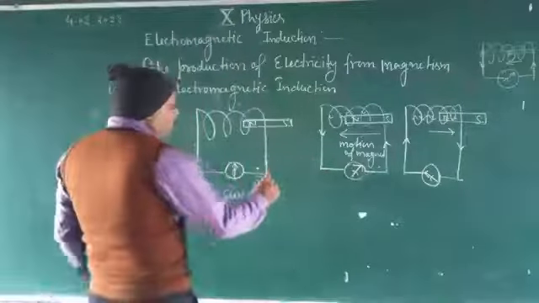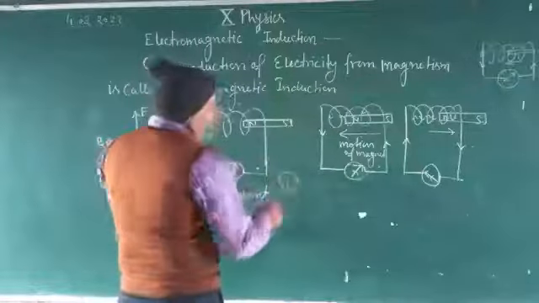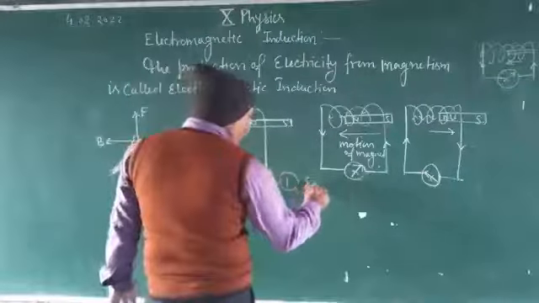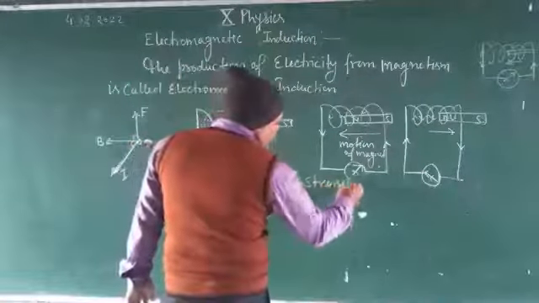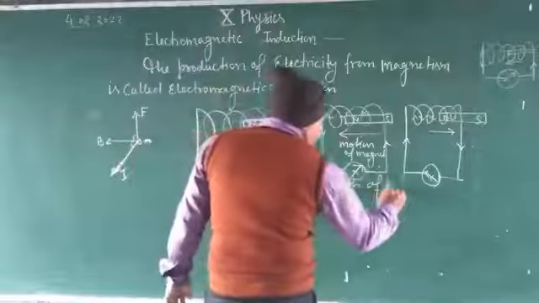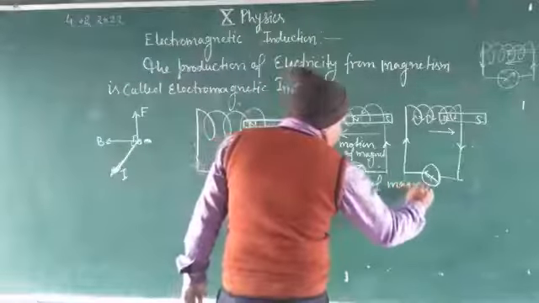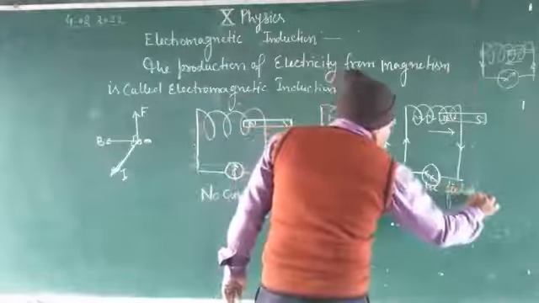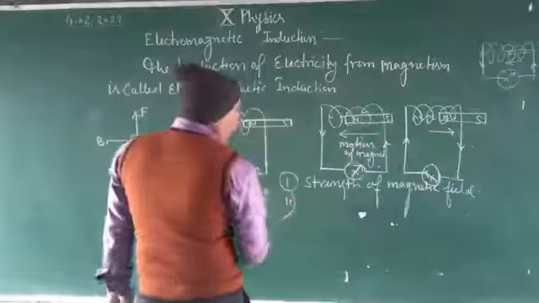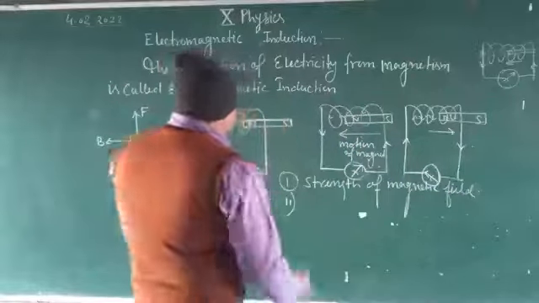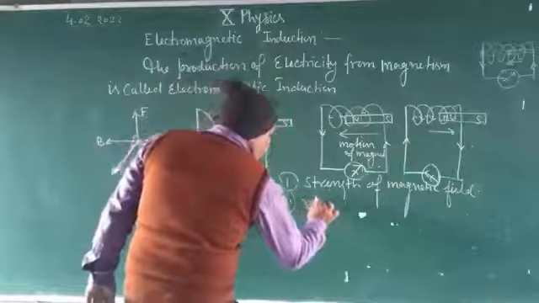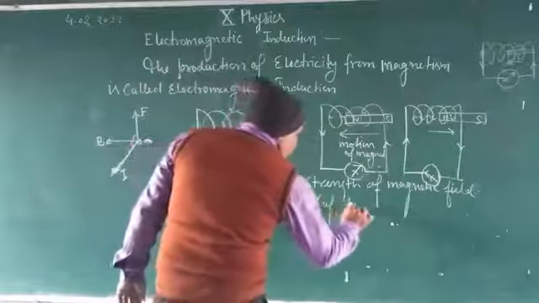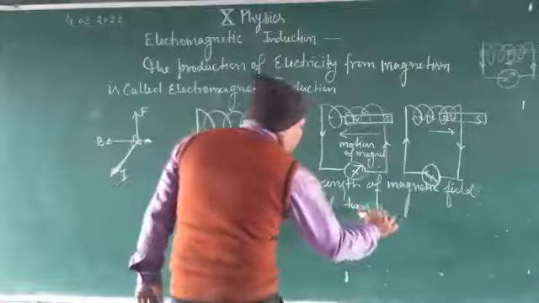The first factor is the strength of magnetic field. The second factor is the number of turns in the coil.